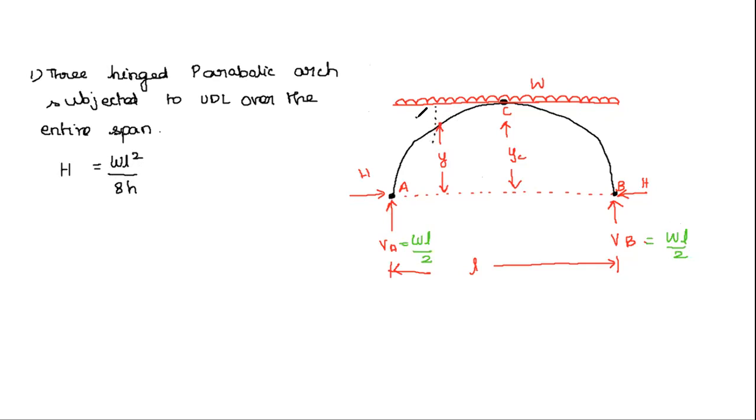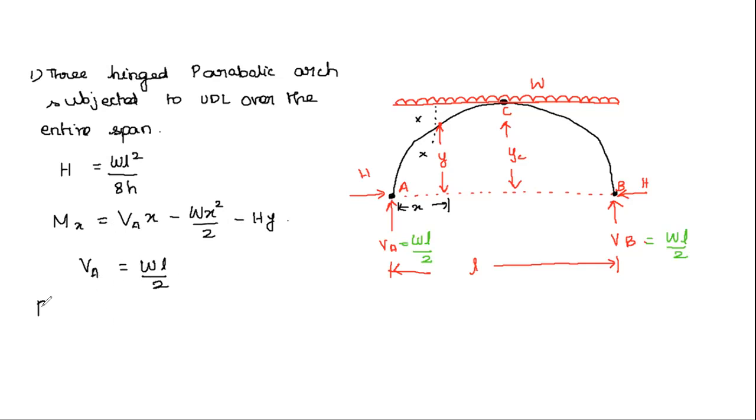When we take moment about a section X, Mx is equal to VA into X minus WX square by 2 minus H into Y. We are taking moment about X. VA into the distance X, minus W, the intensity of UDL, into X square by 2, minus H, the horizontal thrust, into Y, the rise of the arch at point X, where H is the horizontal thrust and VA is the vertical reaction, and we know VA is equal to WL by 2.